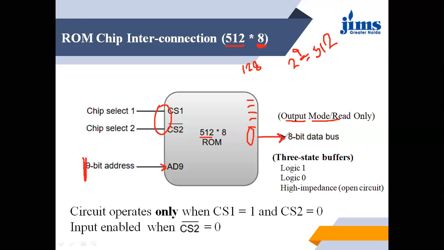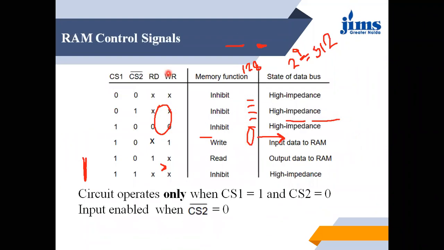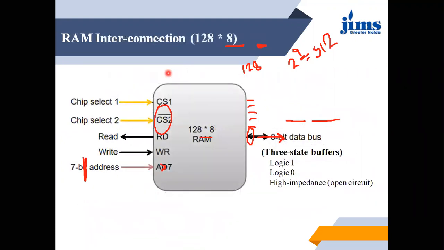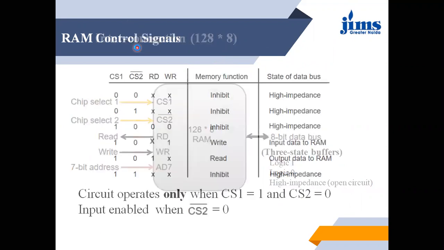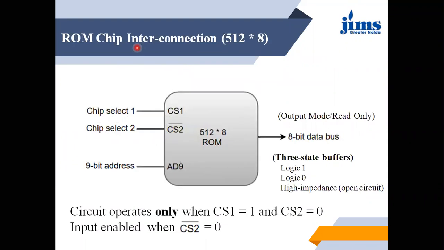In the RAM we discussed that the bus is bidirectional, because we can read the data or write the data to the RAM, but from the ROM we can only access or read the data.